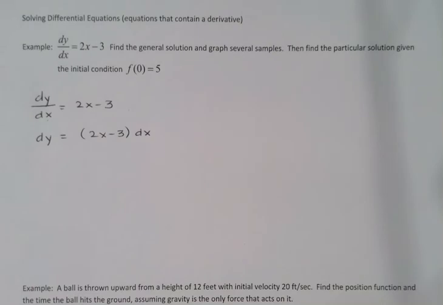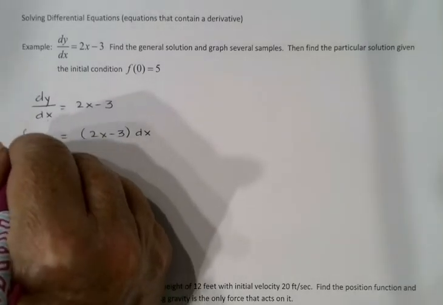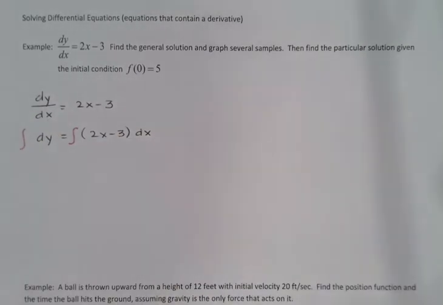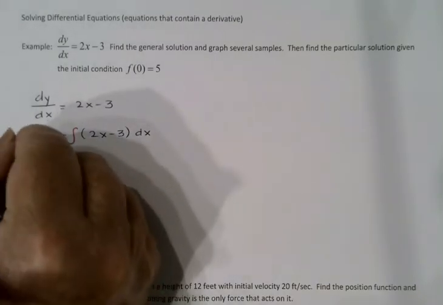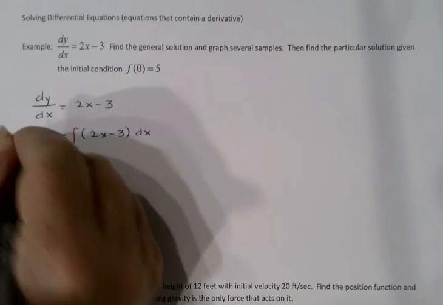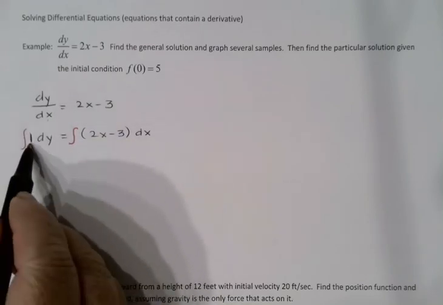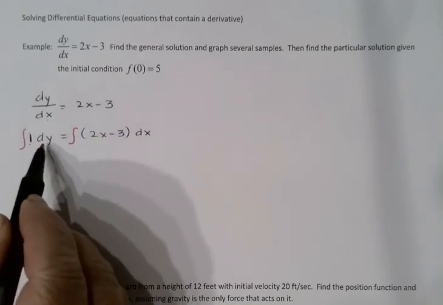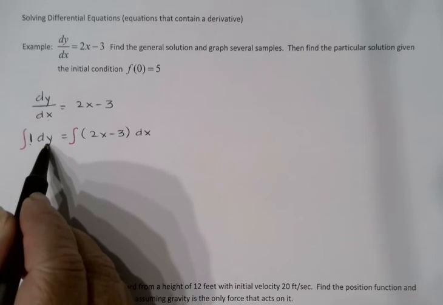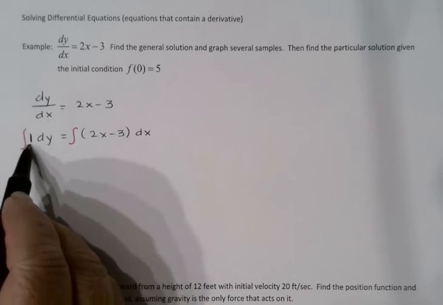I now follow one of my cardinal rules of algebra, which is I can do whatever I want to an equation, pretty much, as long as I do it to both sides. I'm going to choose to do an antiderivative to both sides. On this side, the integrand here is really just 1, and the variable of integration is y, so we'll get 1y.